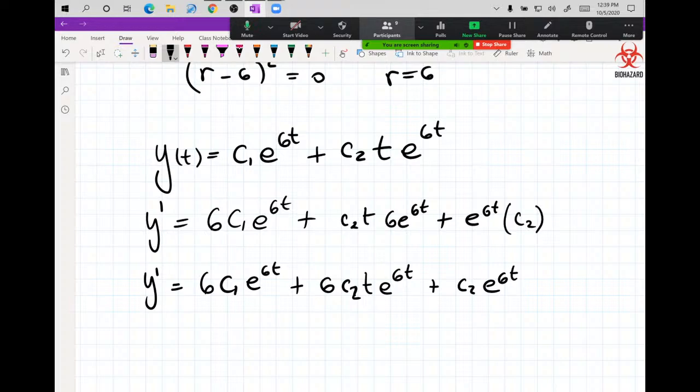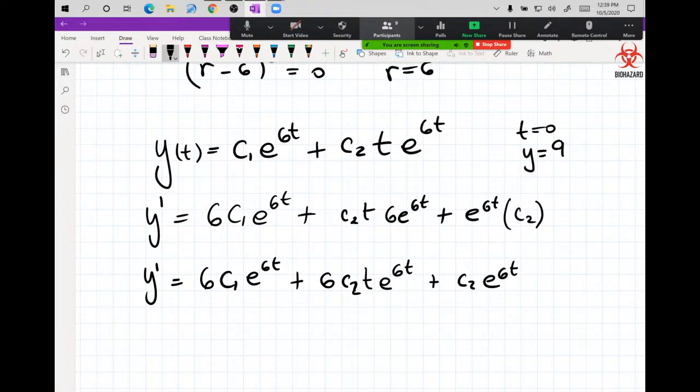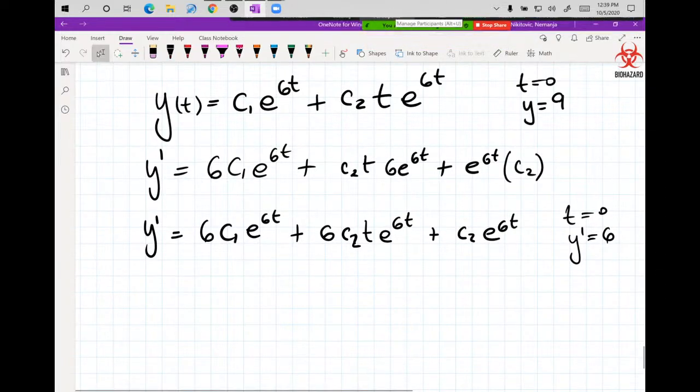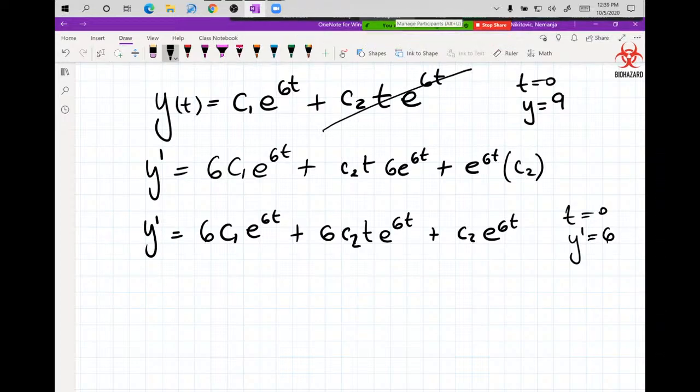So for the first one, we have t equals 0 and y equal to 9. And the second one has t equals 0 and y prime equals 6. When we have zeros, all of these e's go to 1. But look at this, guys. When t is equal to 0, this term dies.